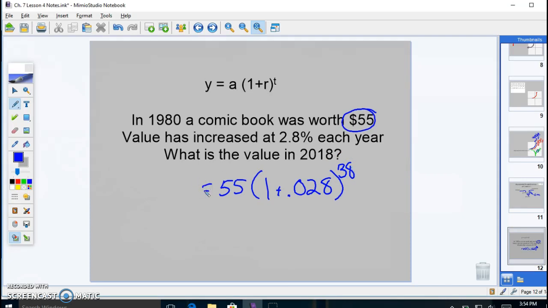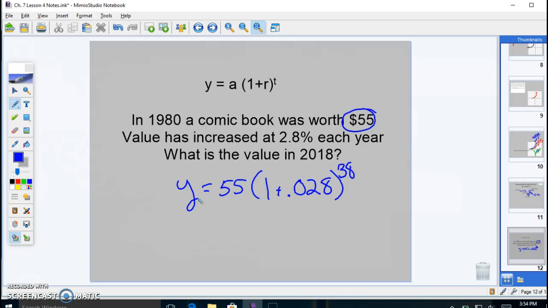And then we just follow our order of operations and we simplify the right side of the equation. So you're going to take 1.028, 1 and 28 thousandths. You're going to raise that to the power of 38 for 38 years.